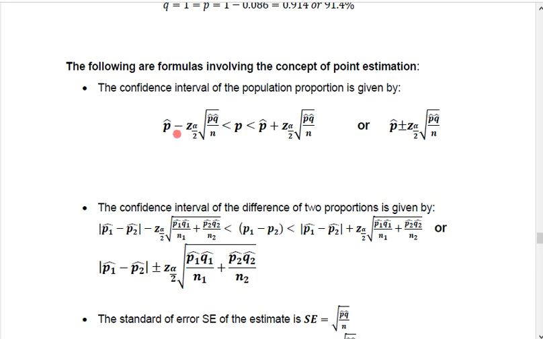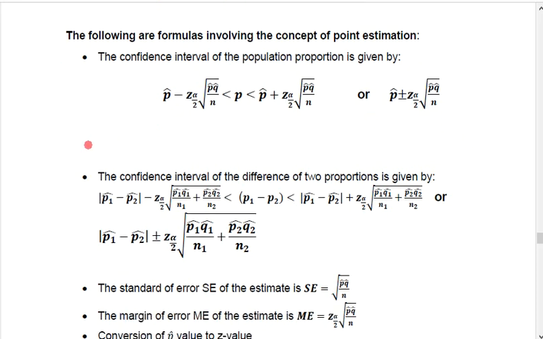We have here P hat minus Z sub A over 2 multiplied by the square root of P hat times Q hat over N, is less than the point estimate P hat, plus the Z sub A over 2 multiplied by the square root of P hat times Q hat over N. Okay, so ito din yung P hat plus Z sub A over 2 times the square root of P hat times Q hat over N. Pareho lang yan.